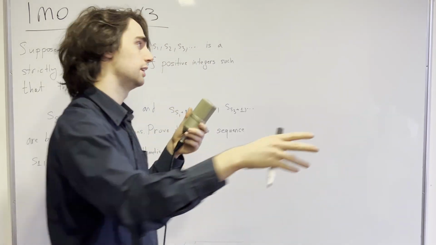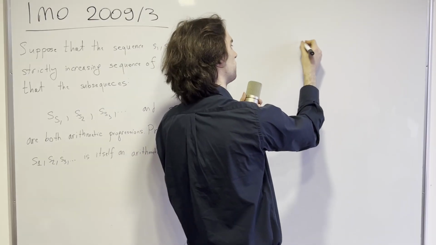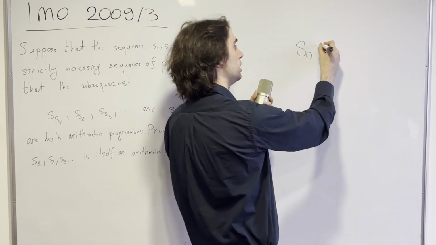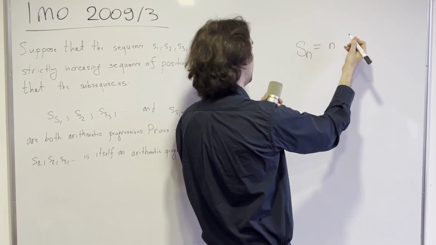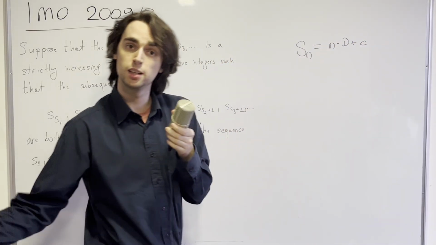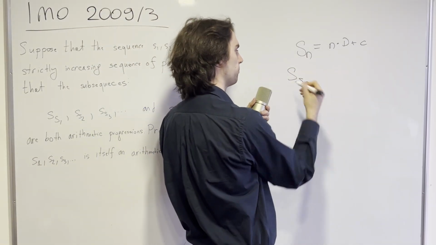So I hope you paused and did that. So let's first just solve the problem backwards, and let's say the sequence Sn is going to equal n times d plus some constant c. Right, this is an arithmetic sequence. Now what is SSn?